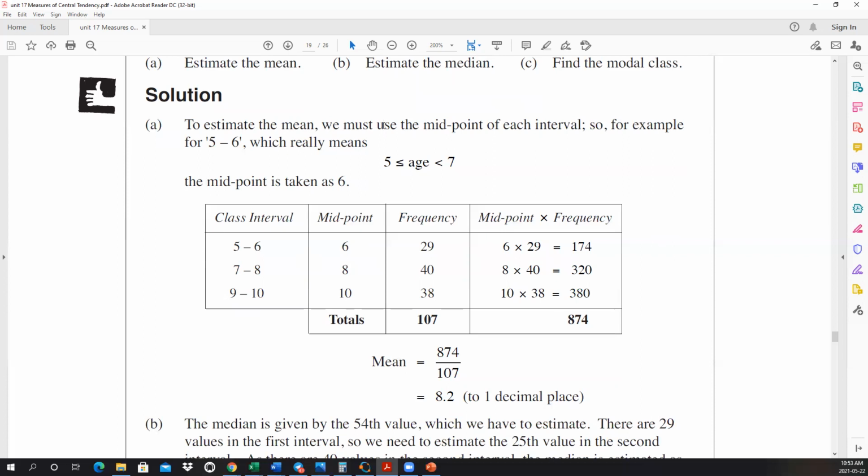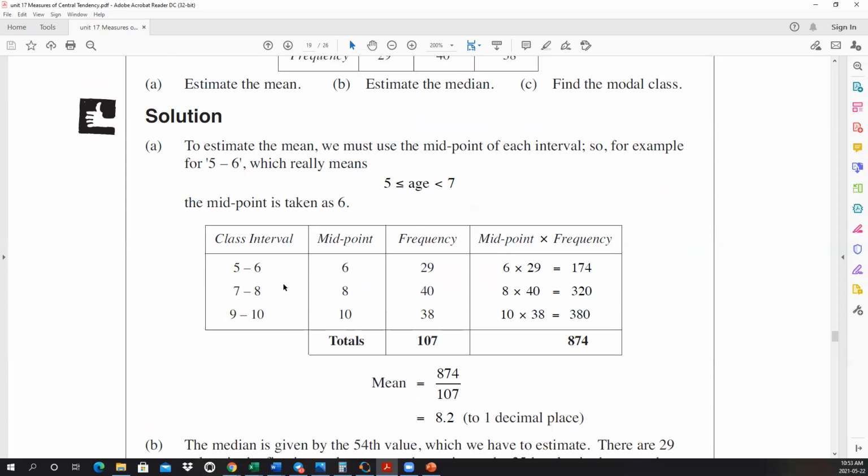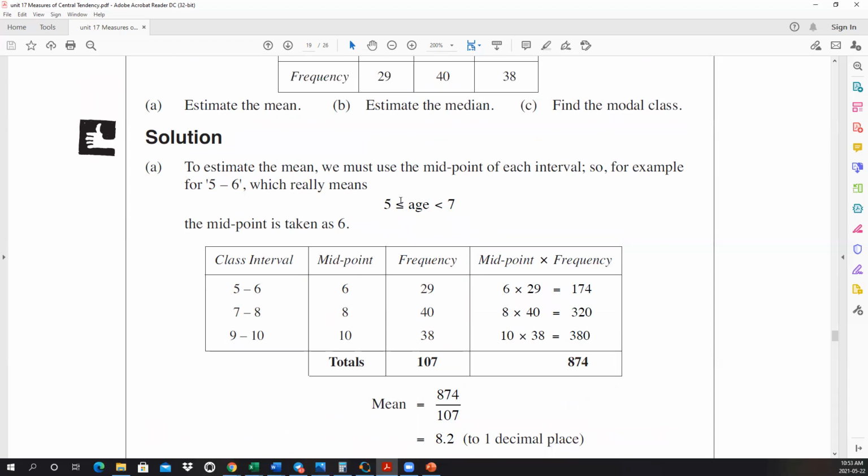And this is very important because, I think in an exam, you would think they would more likely write it this way than to put it like this right here, 5 to 6, because some people may misunderstand and say it's greater than or equal to 5, but less than 6.